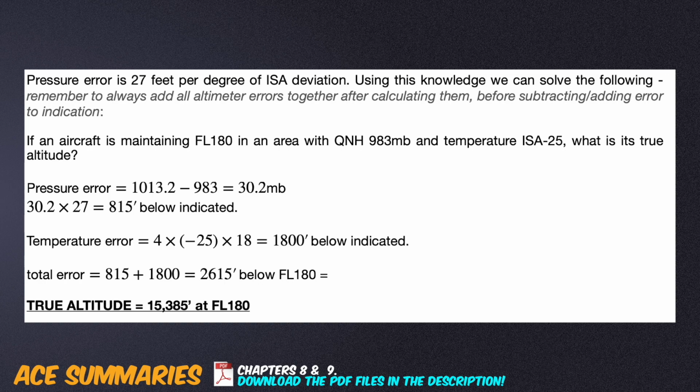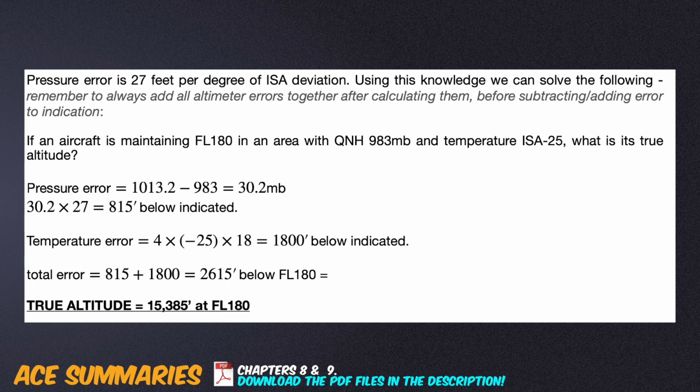The question is, if an aircraft is maintaining flight level 180 in an area where QNH is 983 millibars and the temperature is ISA minus 25, what is the true altitude? First, we calculate the pressure error. 1013.2 minus 983 equals 30.2 millibars. 30.2 times 27 means we are 815 feet below indicated altitude.